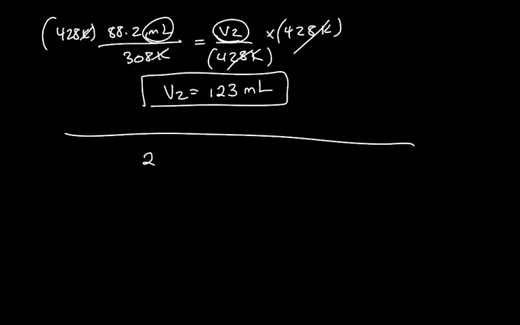Is that right? Now, I stress this. Notice it says if you take the temperature and you double it, but it must be Kelvin temperature, then you double the volume, okay? It's a directly proportional relationship.